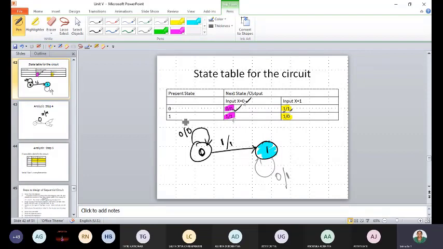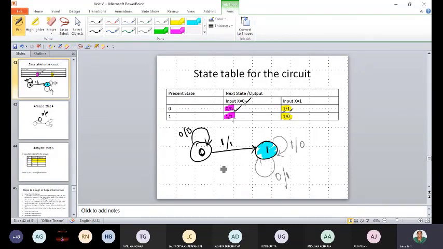When my present state is 1, okay, still I'm here only. When my input is 1 and my output is 0, what is my next state? Again, here only I will be going. Next state is also 1. So when I am moving from 0 to 1, I will revolve here only.